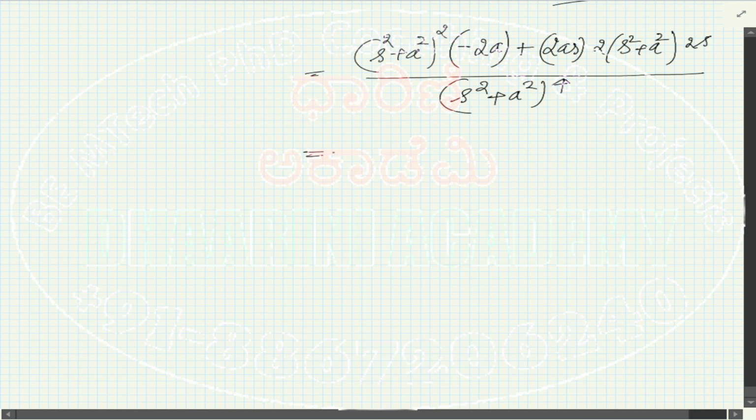Okay, this can be written in the following format. We can see that there is a 2a into (s square plus a square) common, right? So I'll write that 2a into (s square plus a square).